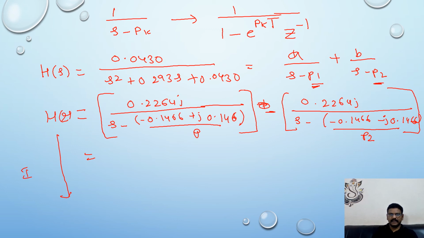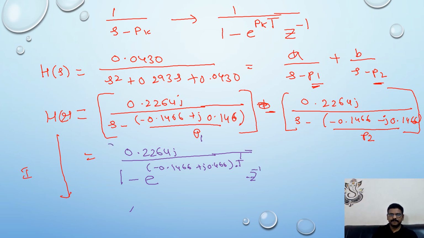Now I can write my H(z) as 1 into the constant 0.2264 j whole by 1 minus e power p1 T z power minus 1, where p1 is minus 0.1466 plus j 0.1466. T we already assumed it is 1.